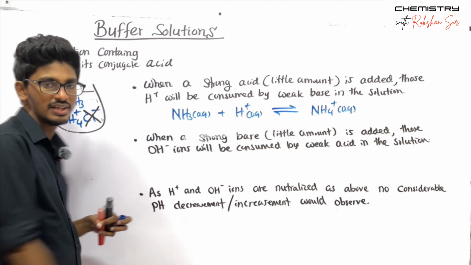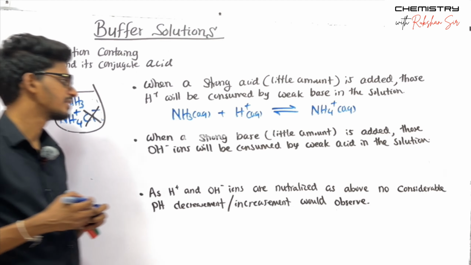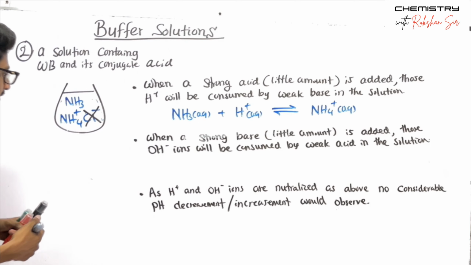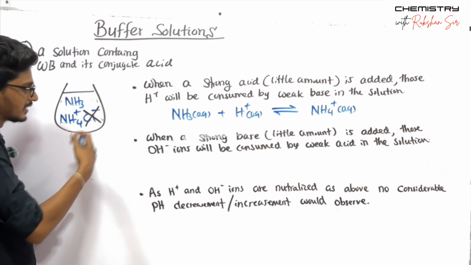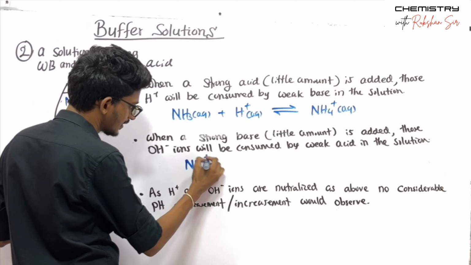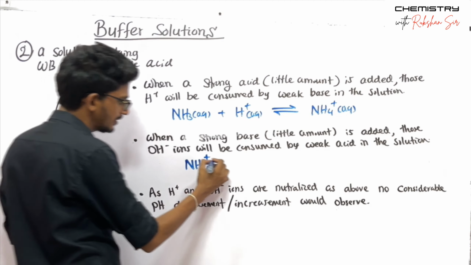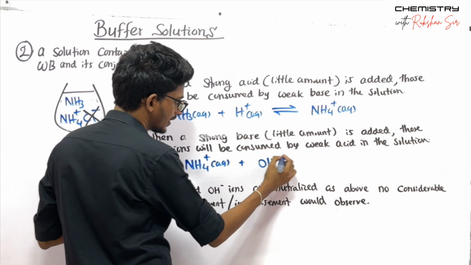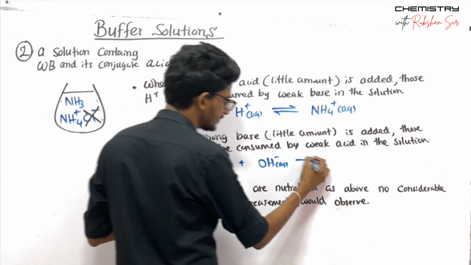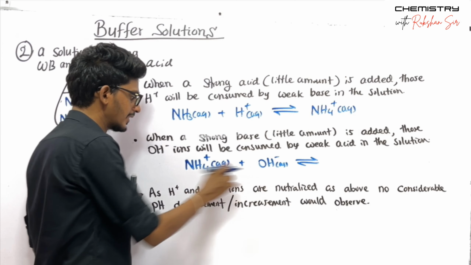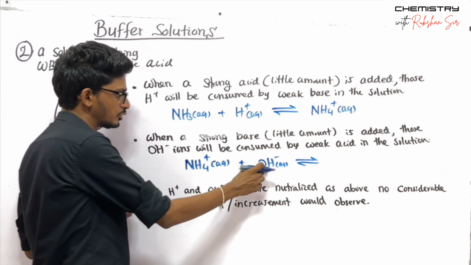So when a strong base is added to this solution, the OH minus ions added there will be consumed by the weak acid there. So the weak acid is this one, NH4 plus, the conjugate acid of the NH3, which has some weakly acidic nature. That will react with the OH minus completely. So H plus will be provided, so that this will convert to NH3 and H2O.